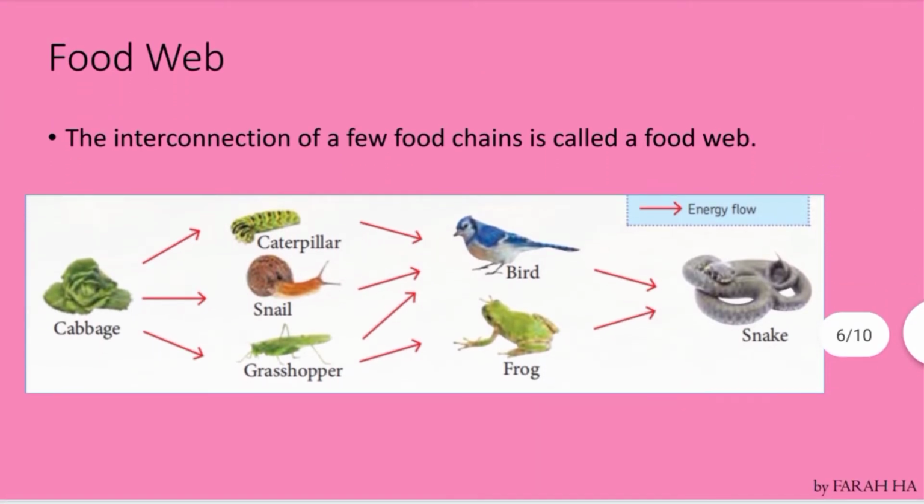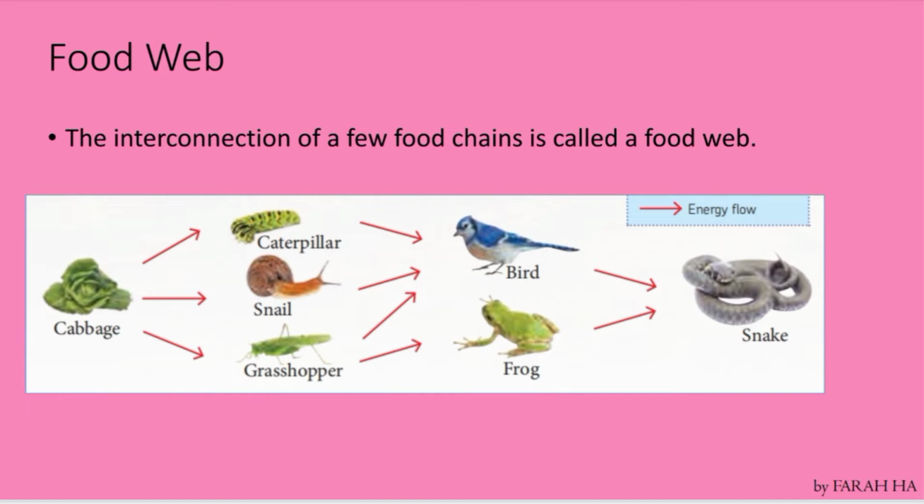What is food web? Food web is the interconnection of a few food chains, which is a combination of food chains that develops a food web. For example, cabbage as the producer will be eaten by the primary consumer, which is caterpillar, snail and grasshopper.